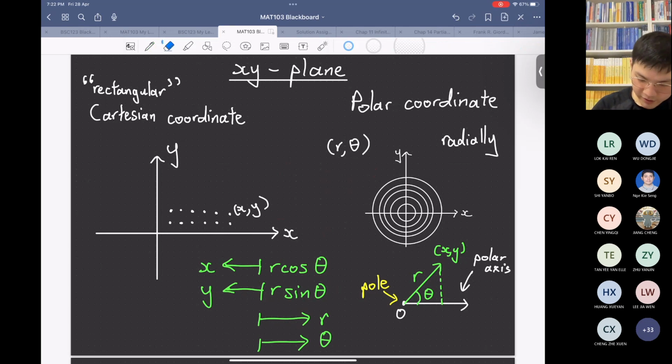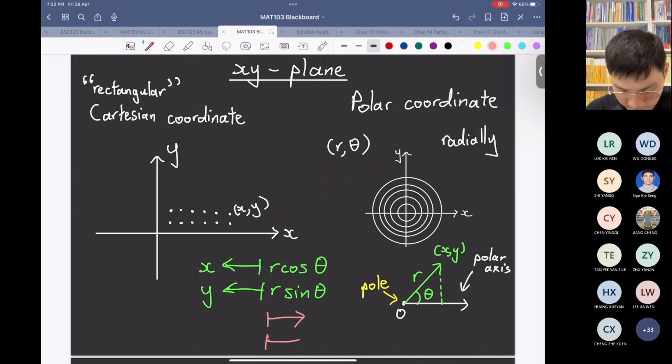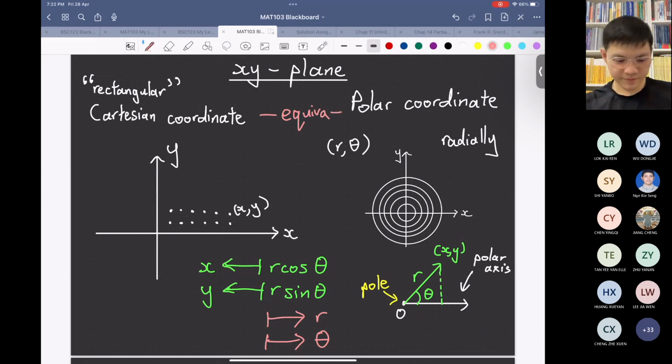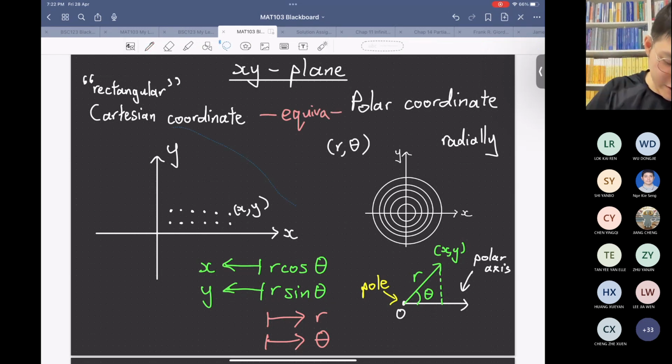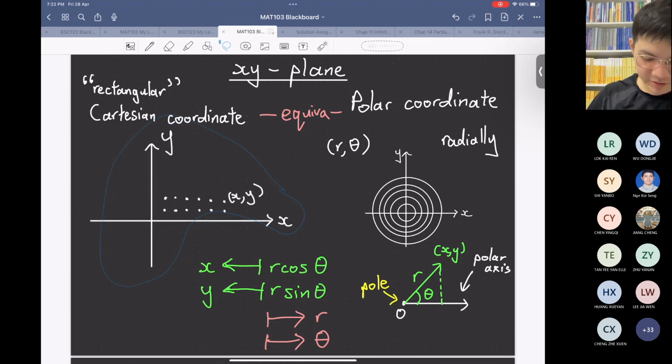Here we went from right to left, so we can go from left to right. How to find r and theta? Anyone have any idea? Since these two are equivalent. Just now I explained pictorially, now we need to do it algebraically.